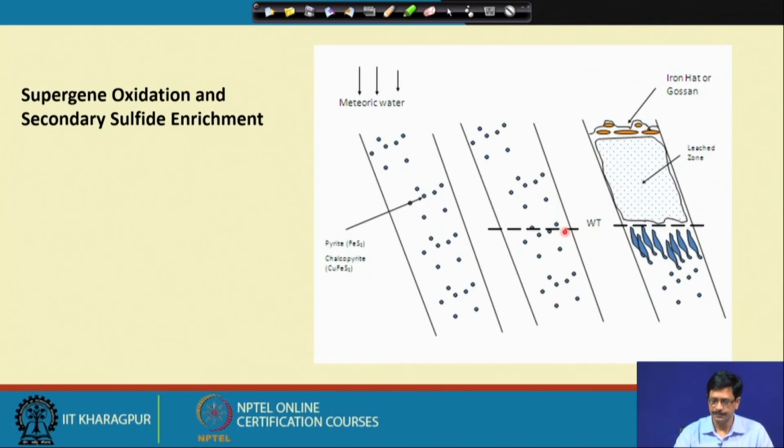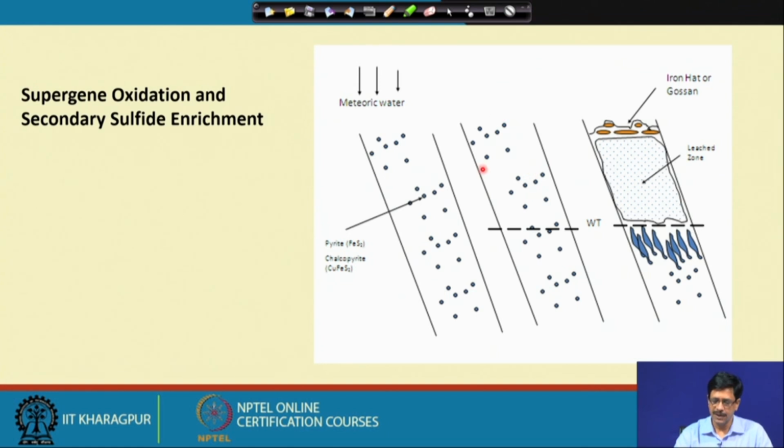Above the water table is the zone of aeration, where the pore spaces in the rocks or the fractures are either partly filled with water or filled with air, and that is why we call it the zone of aeration or zone of oxidation. Below the water table, the pore spaces are fully filled with water, and this is the zone of reduction.